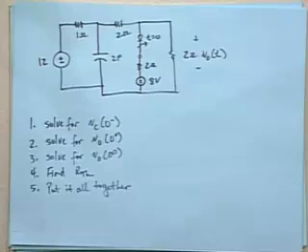Because, as you should remember, and what you should be ready to do right now, as a matter of fact, when we're finding the Thevenin resistance for a circuit that contains both independent and dependent sources, we need to find the open circuit voltage and the short circuit current, and the ratio between those gives us our Thevenin resistance. So that is what makes first order circuits with dependent sources kind of difficult, is that we have to do both of those steps, as if it wasn't a long enough process as it is.